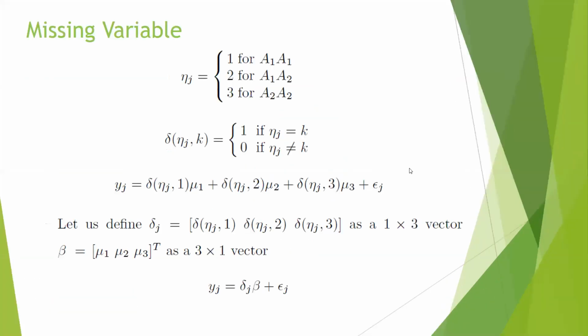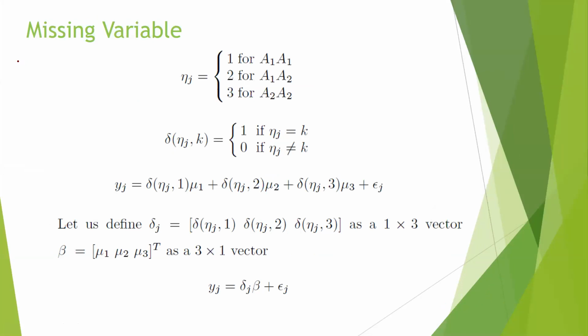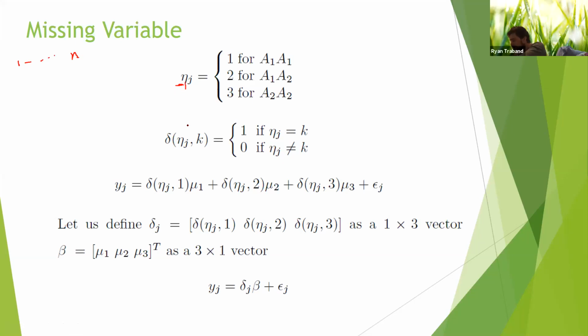I know this is the most confusing part, so let's make it clear. First we have this many individuals. This is little n, but this is not n. This is a Roman letter eta.